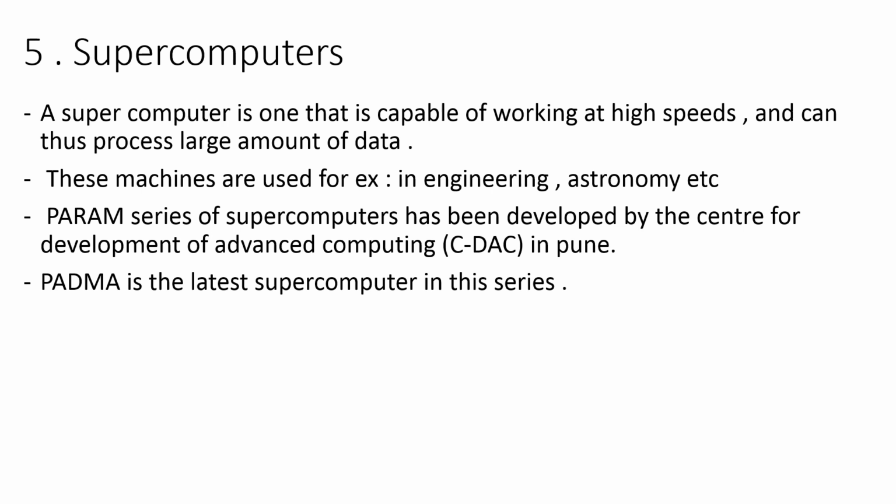These machines are used in engineering, in astronomy, in space research organizations like ISRO, NASA. These organizations require a system which can process and work as fast as it can, because they want a system capable of working at high speeds, and that can be done only by using supercomputers.